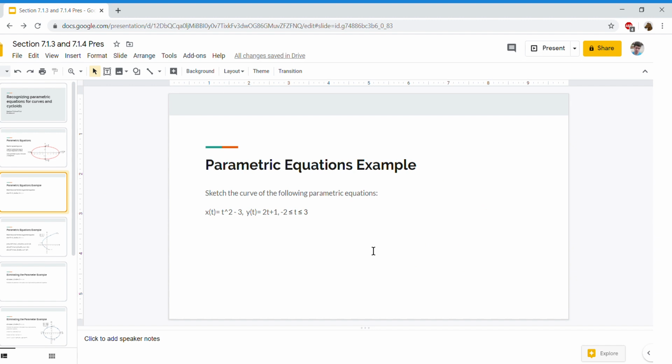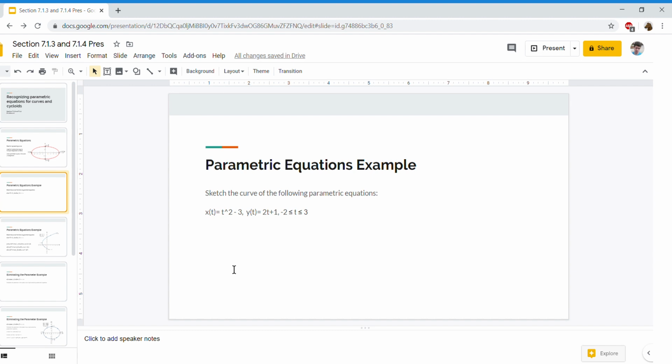So let's say that we were asked to sketch the curve of the following parametric equations. x of t equals t squared minus 3, y of t equals 2t plus 1 on the interval from -2 to 3 for t.